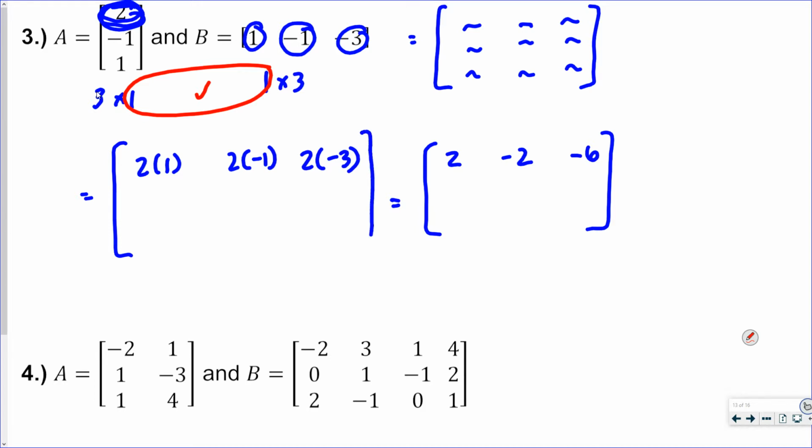All right, moving down to row 2. Now I'm in row 2, column 1. Row 2 times column 1. Next spot, row 2, column 2. Last one, row 2, column 3.